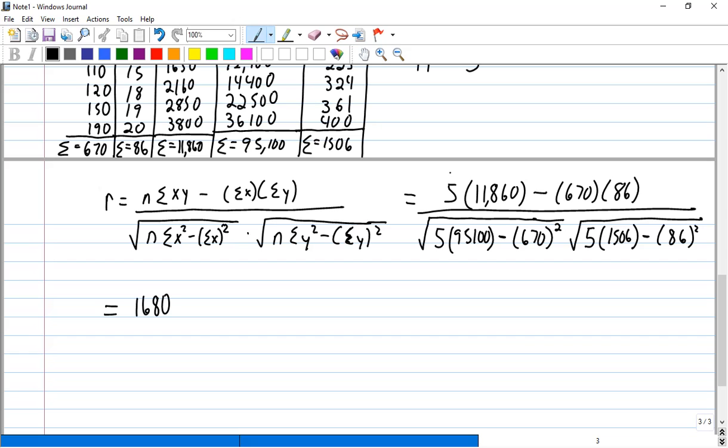Anybody get that? Okay. Divided by, now what I would do is I would work out what was under the first radical and then work out what's under the second radical. Now we cannot get a negative number under the radical. So if something happens and you get a negative number under the radical, you messed up.